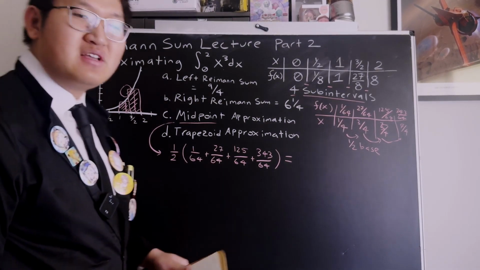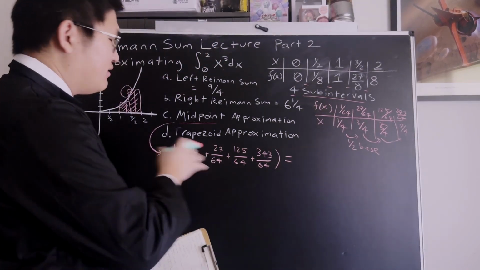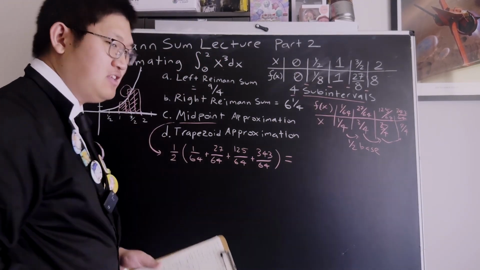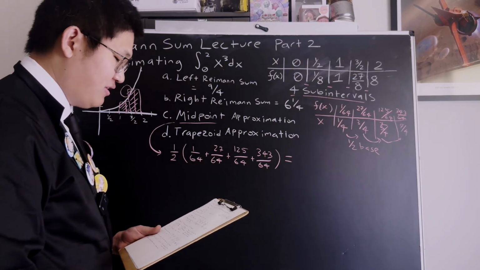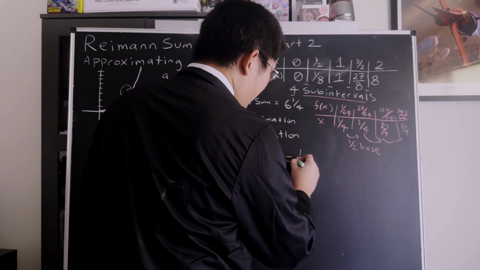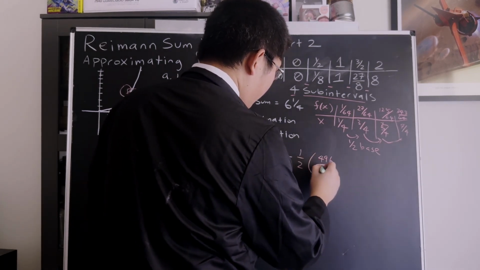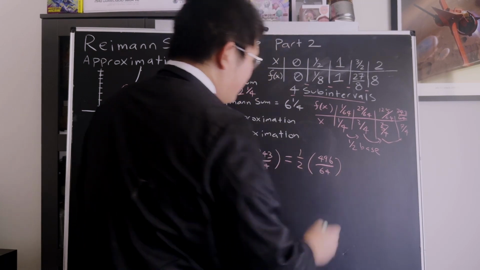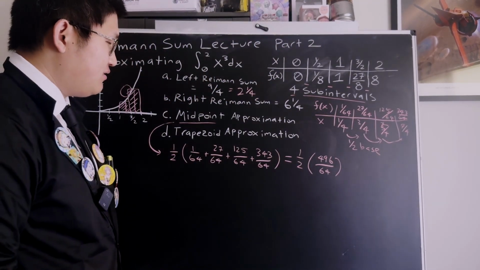All we really need to do is get through these calculations fairly simply. Thankfully, I have this all written down right here, just so we can make sure we have the setup properly, and the calculations will take just a few extra minutes to make sure we end up with something reasonable. So we end up with 1/2 multiplied by 496 over 64. Saves us a lot of time to do some simple arithmetic here to add up.